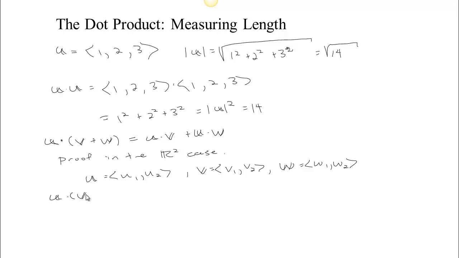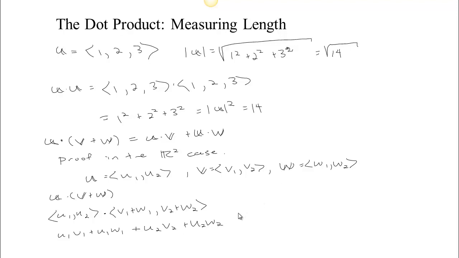u dotted with v plus w, let's see, that would be the vector u, which is (u1, u2), dotted with v plus w. Remember, to add two vectors, you just add their corresponding entries, so (v1 plus w1, v2 plus w2). Now we do the dot product, and we end up with u1 times (v1 plus w1), that would be u1 v1 plus u1 w1, plus we multiply the second entries, so u2 times (v2 plus w2) would be u2 v2 plus u2 w2.